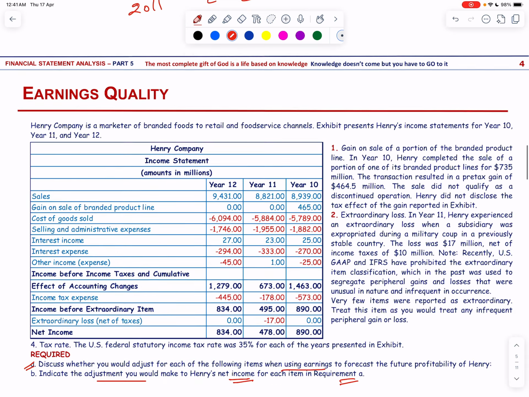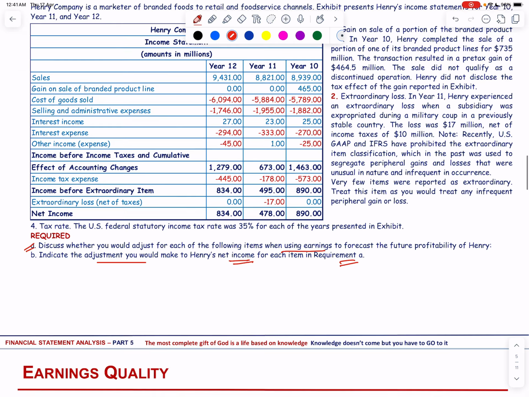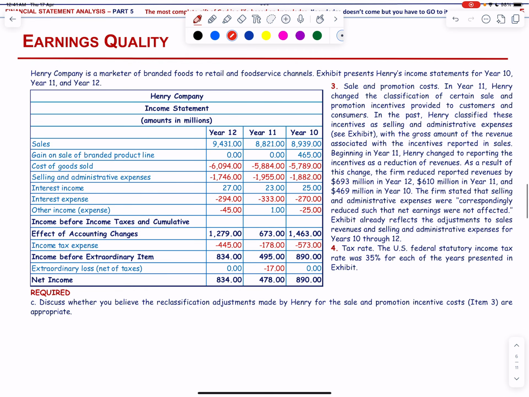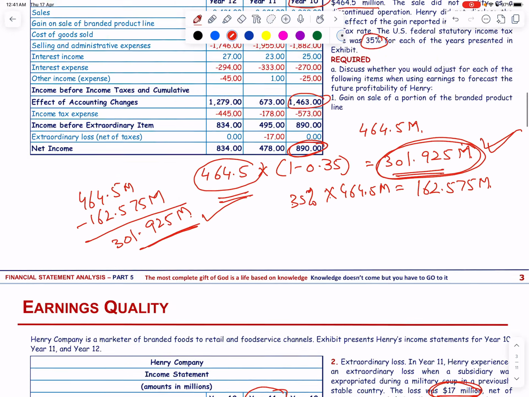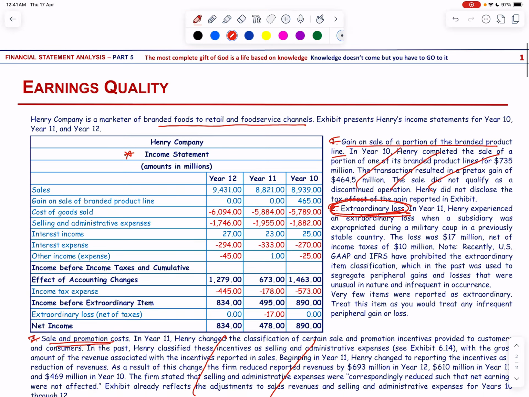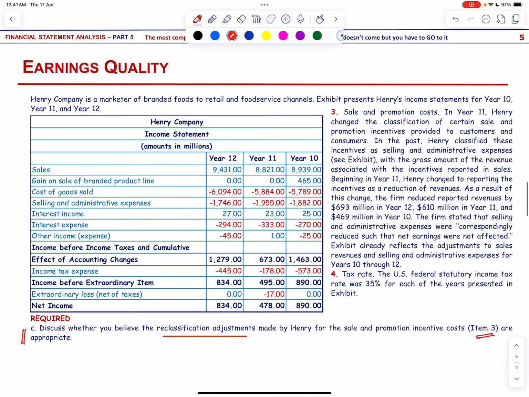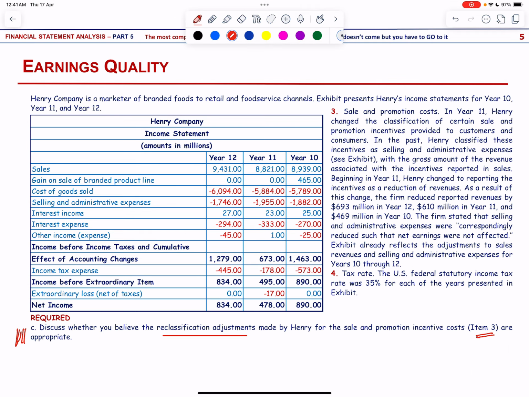We move on to part C now, and that is discuss whether you believe the reclassification adjustment made by Henry for the sale and promotion incentive cost, item number 3, is inappropriate. So once again, you can see I have deleted part number 1 and 2, and we have only part number 3 for answering this question.